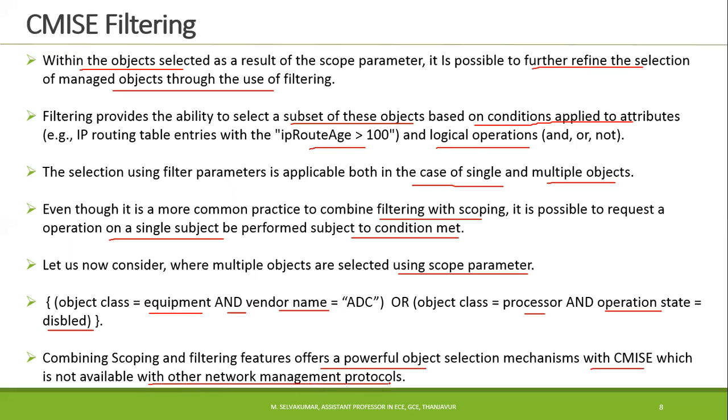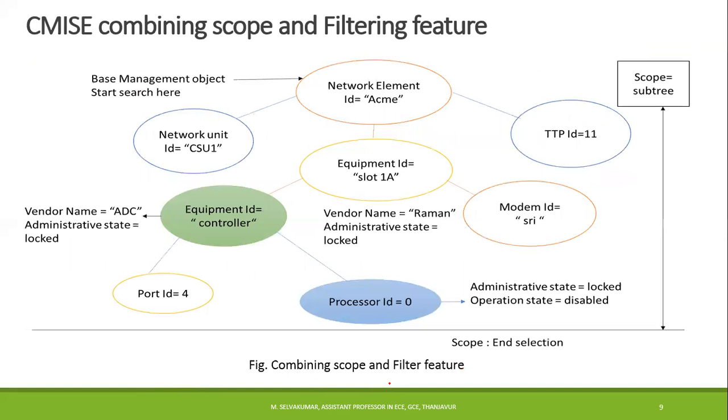So this is combining the filtering features with the scope. You see here, base management start search here. The network element ID is ACME. Network unit, the same diagram was used here also. Some extension is here. Here the equipment controller ID card equal to ADC, administrator equal to locked.